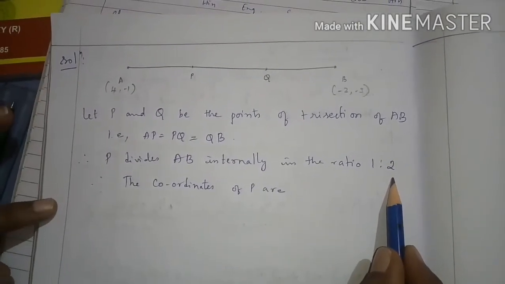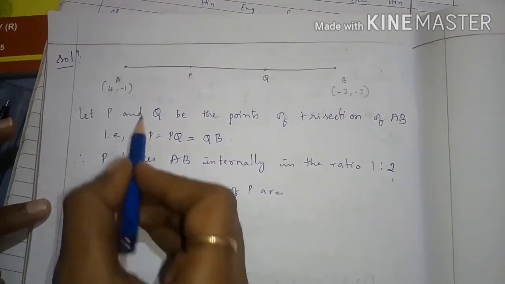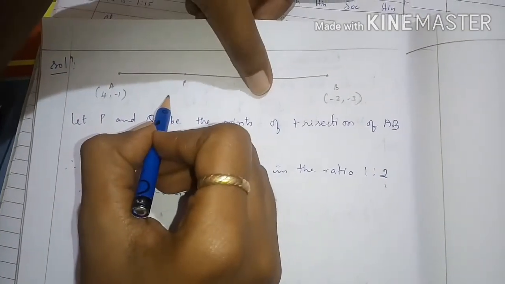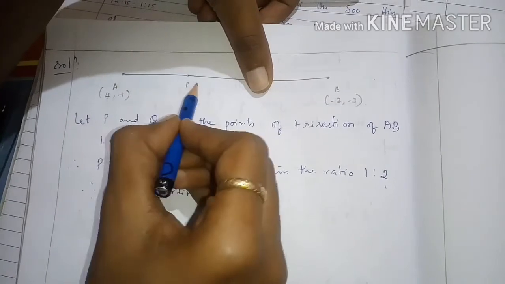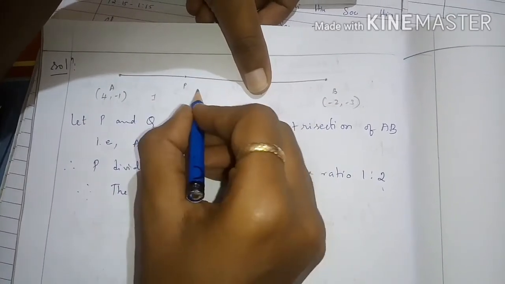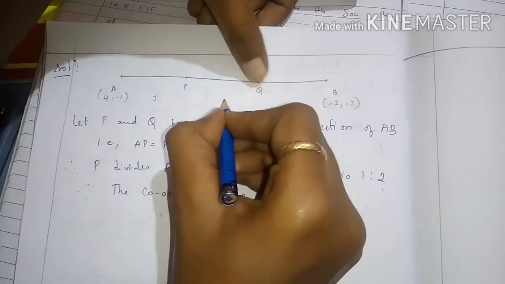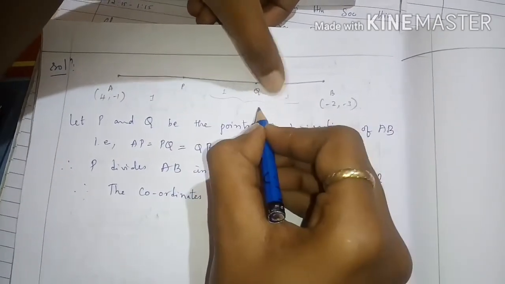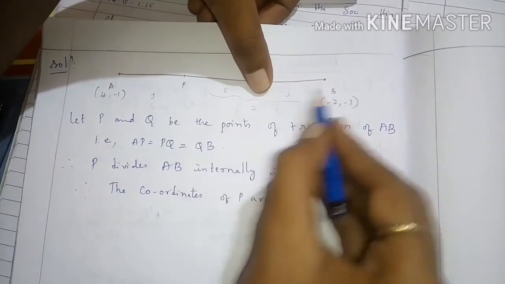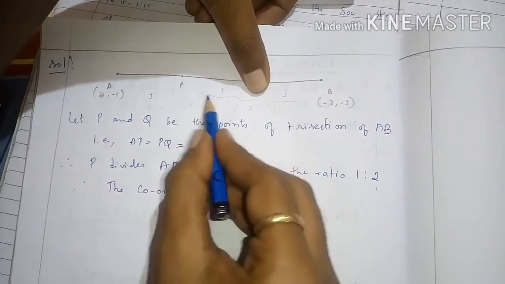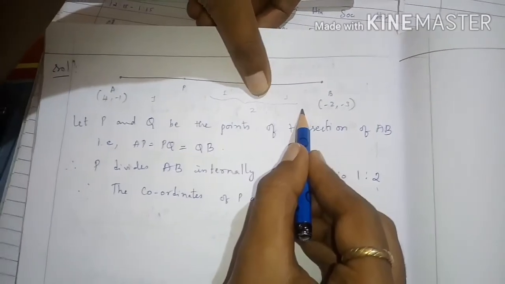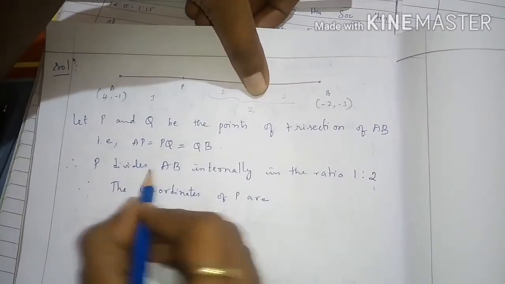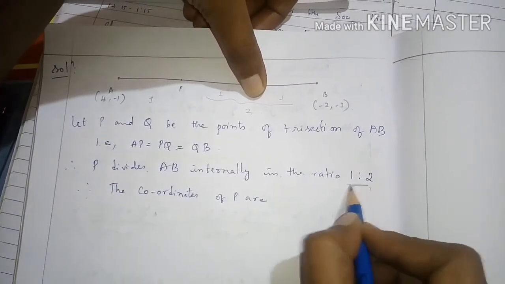Why am I taking 1:2? Considering only the point P, AP is 1 unit, and these other two are also 1 unit each, so we get 2 units. This PB length is 2 units, that is, P divides AB internally in the ratio 1:2.